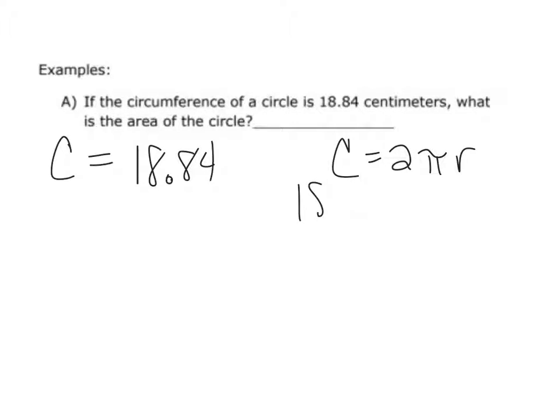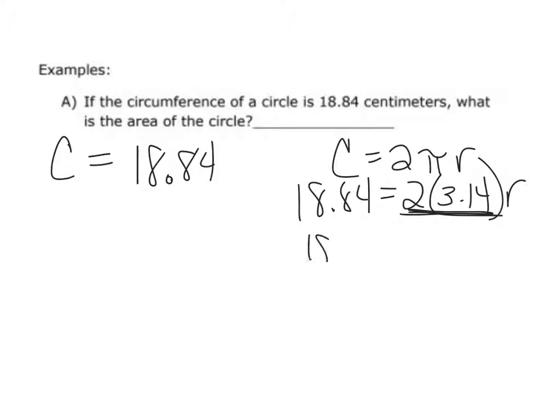Okay, we know that circumference is 18.84. You have 2, pi is 3.14, and you don't know what r is. Now remember, what did I tell you 2 times 3.14 equals? 6.28 r. So then all we have to do now is divide it.